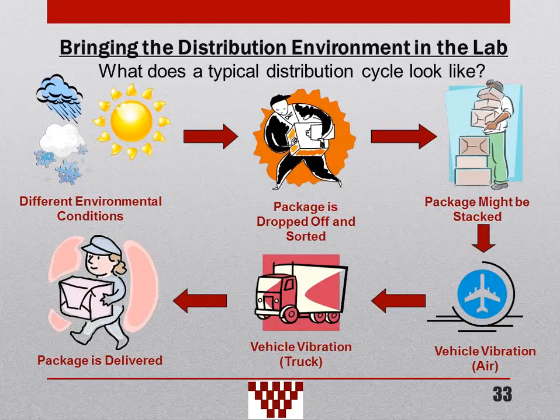With these pictures, your package or product might originate from different environmental conditions. Not everything originates from a sunny area. Some might be very hot, maybe humid, and very rainy. When you drop off your package, you probably won't give it any drops or impacts, but once it's placed in the sorter, all bets are off.